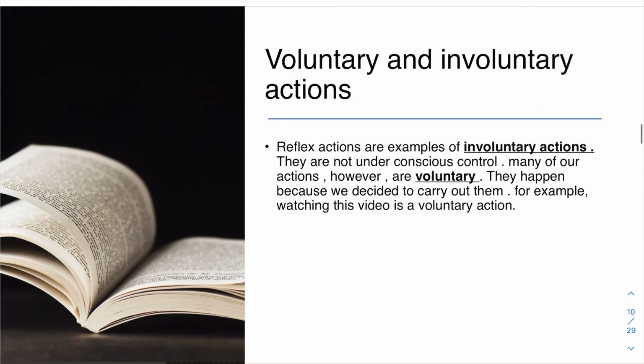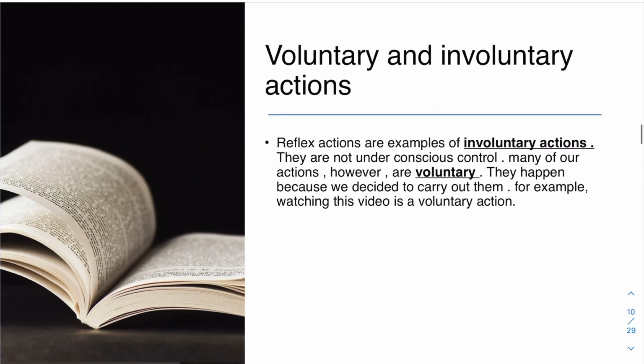So why are we talking about reflex action, and why is it called reflex action? Because these are examples of involuntary actions. What does involuntary actions mean? It means they are very quick, and the body responds immediately without thinking.